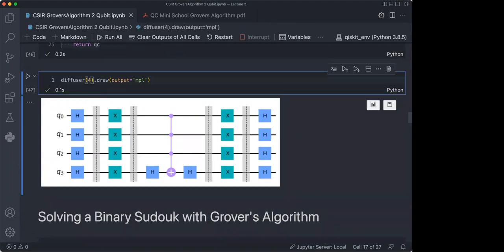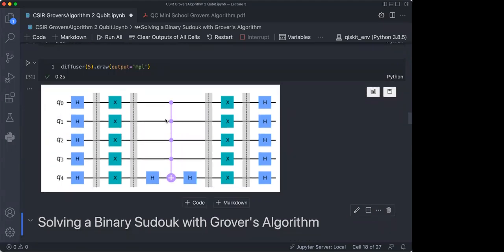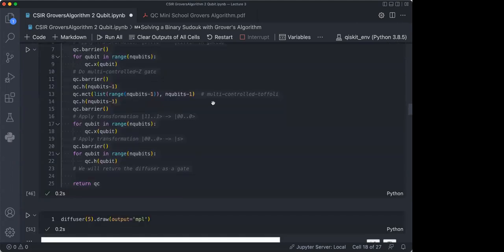And if we make this 5, you'll see that we get the 5 qubit diffusion transform. The reason there's no control Z here, and you have a multi-control Toffoli with Hadamards on either side, is because we're decomposing it so that we can write Z as HXH, and then we just need to multi-control the X. That gives us a very generalized way to do the diffusion transform for doing Grover's on any number of qubits.